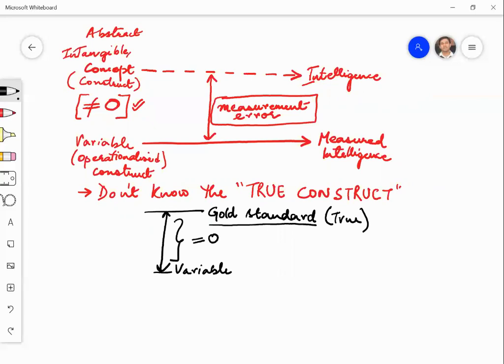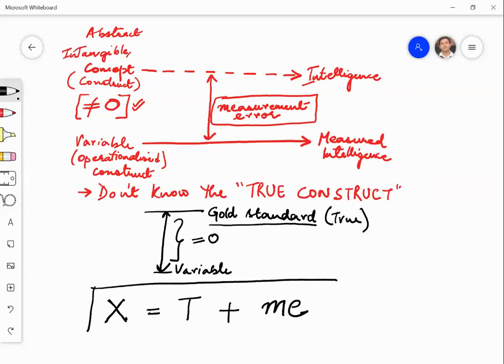So there will always be some measurement error, and therefore the fundamental equation that I would want you to remember, maybe write it down somewhere, is: in structural equation modeling, in measurement, we always say that x is equal to true plus measurement error, right?